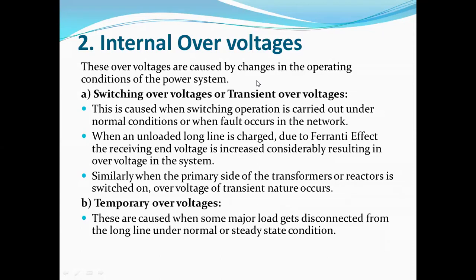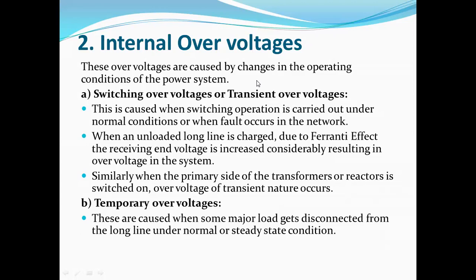So the system voltage, meaning the receiving end voltage, gets increased here, resulting in over voltage in the system. So this will also cause the over voltage. And similarly, when the primary side of the transformers or reactors is switched on, over voltage of transient nature occurs.